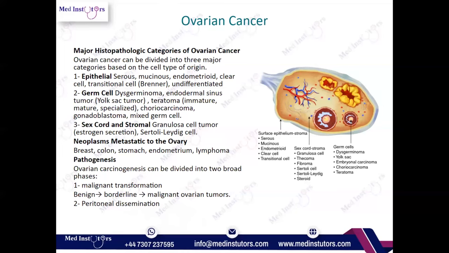Yes, ectoderm, endoderm, mesoderm, everything. Then we have the sex cord stromal tumors, which mainly arise from the stroma of the ovary. And the stroma is the supportive structure of the ovary.